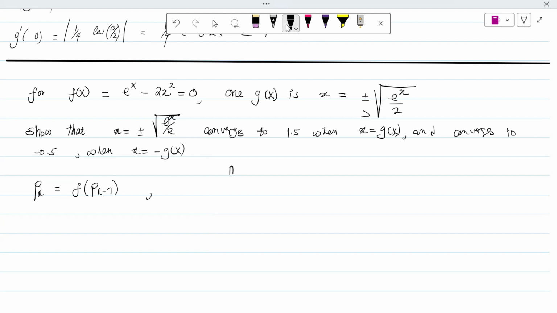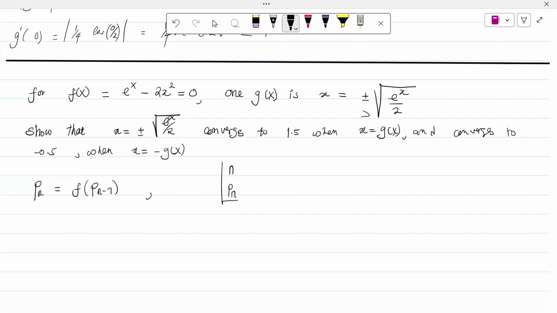This will be the n value. I'm going to pick a couple values for n, meaning different iterations, n1, n2, n3, n4, and all that. Also I'm going to get different values of p, which I'll call p of n.